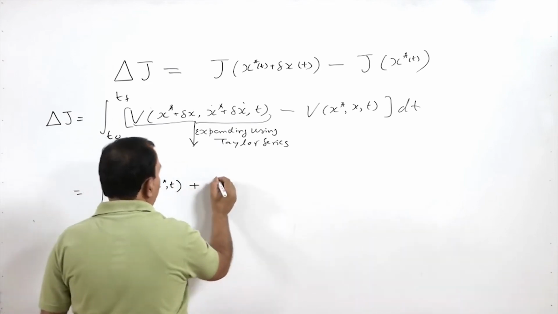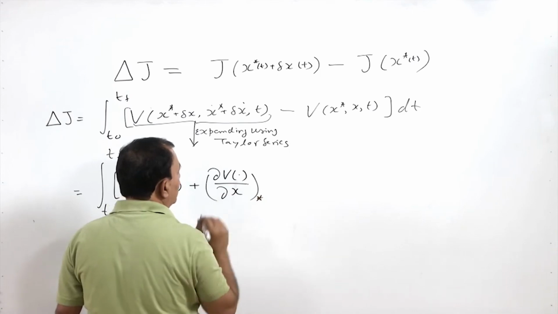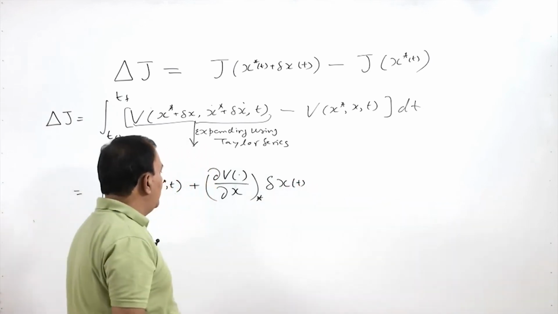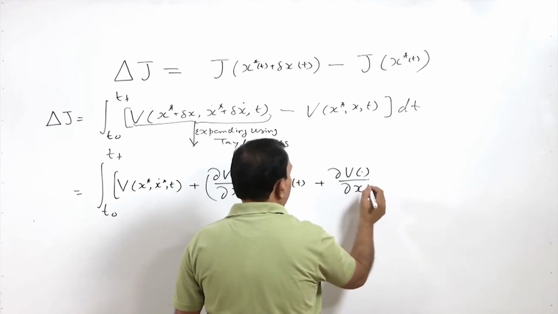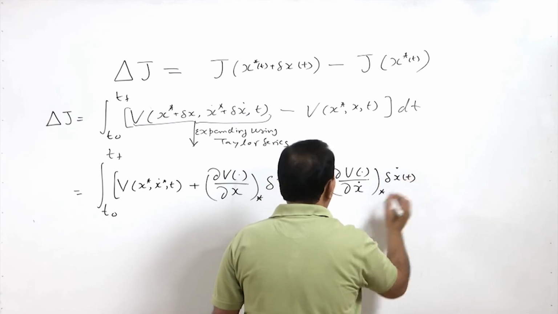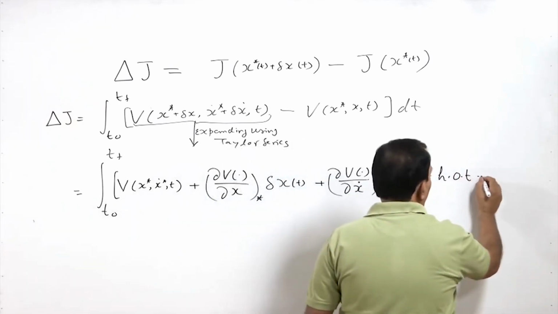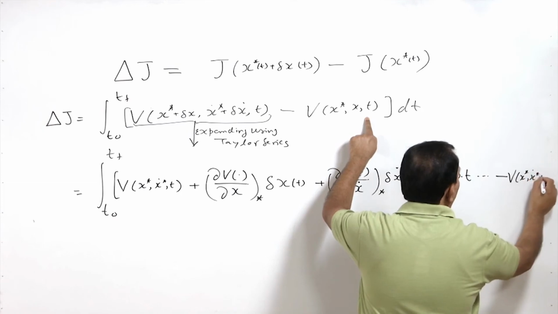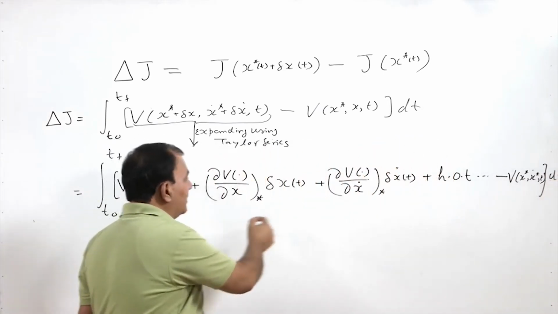My second is the first variation: del V by del x at my optimal point into delta x(t), plus del V by del x dot, delta x dot(t), plus higher order terms, and my last term is minus V of x star, x dot star, t, into dt. So, in this I can cancel out this term.